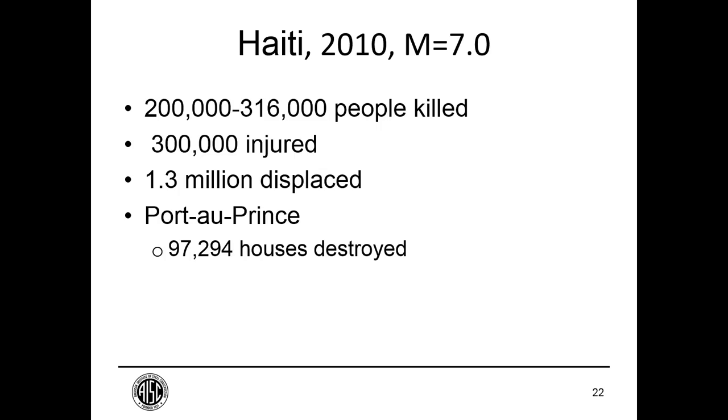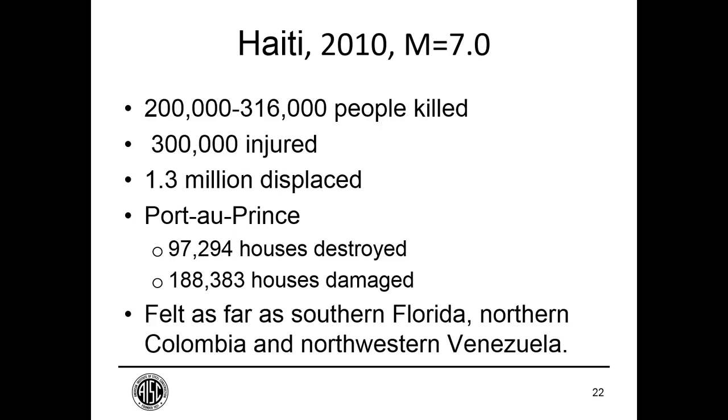Port-au-Prince itself had close to 100,000 houses destroyed, and close to 200,000 houses damaged, and that leaves a lot of people homeless and affects the recovery of the entire country. And this earthquake was felt throughout the region, Florida, Colombia, Venezuela.